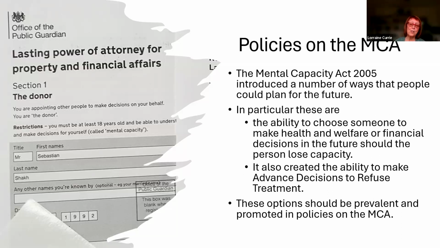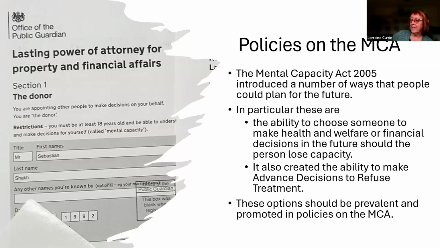So it's really important that you have policy decisions around finding out and recording, hopefully as part of your admission protocols, whether people have made a decision to select someone as an LPA, or whether a deputy has already been appointed for the person. So it's really important that your policies reference both the role of those people, but also their existence in terms of your recording and admission.